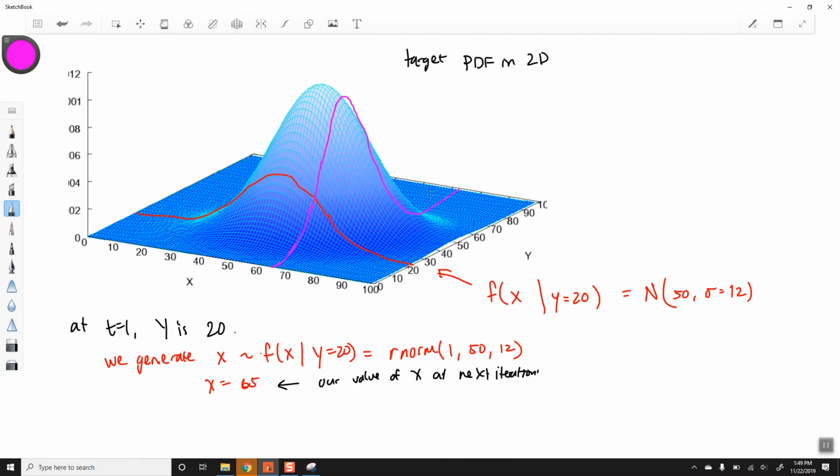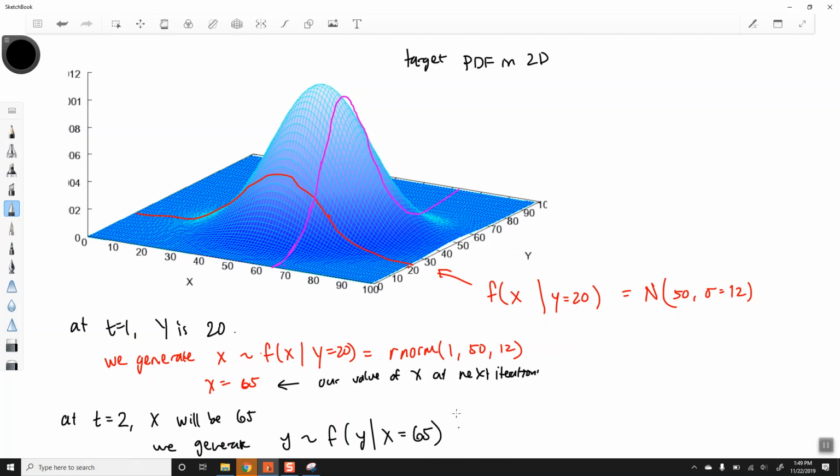So at t equals 2, x will be 65, and then we generate y coming from f of y, where we've locked in x equal to 65.